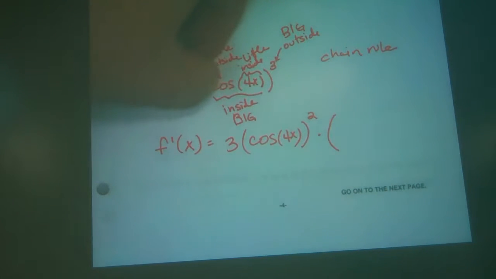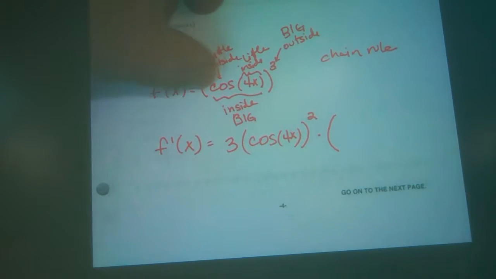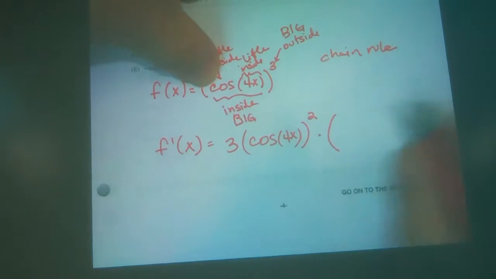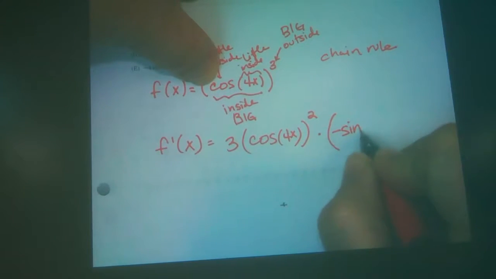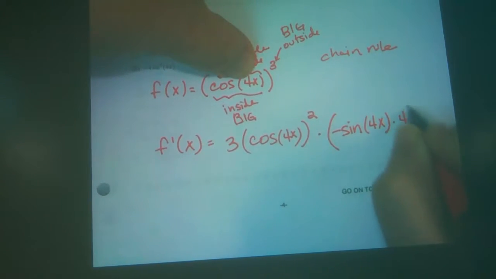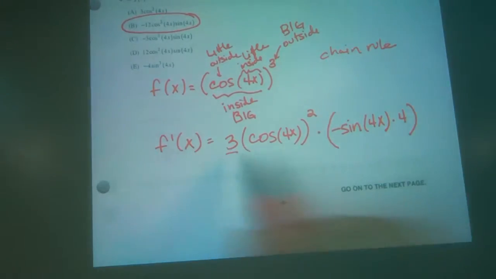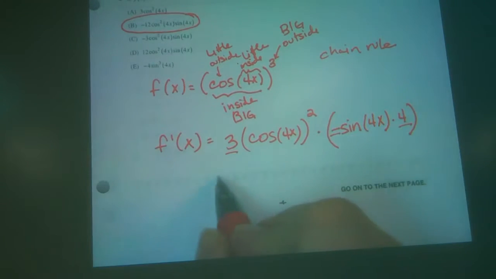And when we do the derivative of the big inside, we have to do the chain rule again, because the big inside also has an outside and inside function. So we have to do the derivative of the outside, which, the derivative of cosine is negative sine. Leave the inside alone, times the derivative of the inside. So it should be b, because you're going to have 3 times negative 4, which is negative 12.